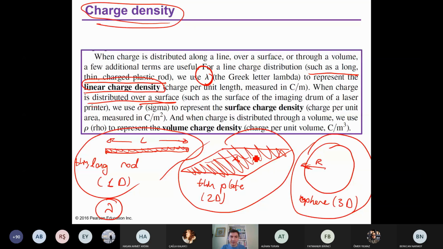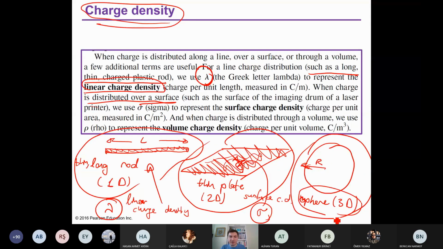And if you have a charged three-dimensional object, and if it is uniformly distributed, let's say, then we have volume charge density. Okay, and volume charge density is shown by the rho symbol.